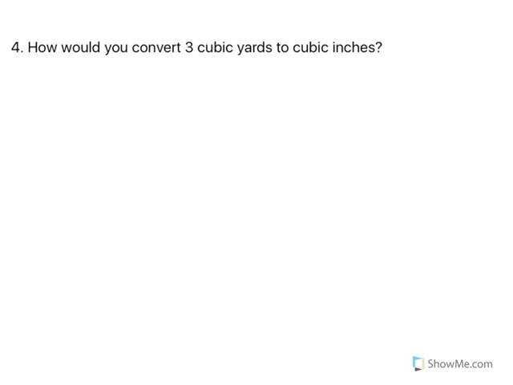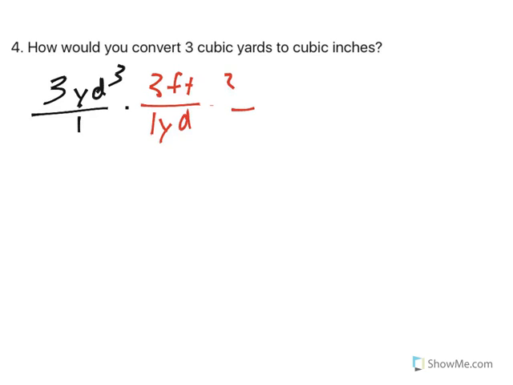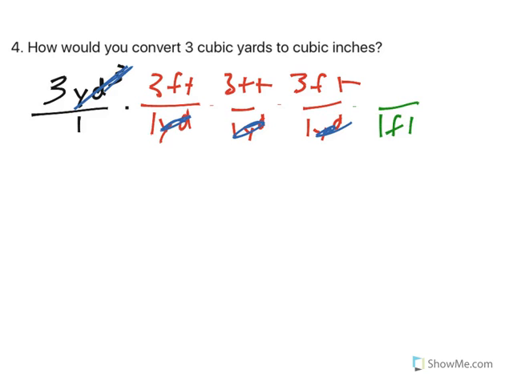All right, number 4. How would we convert 3 cubic yards to cubic inches? Well, if you have cubic yards, you're first going to go yards to feet, and you're going to do it 3 times, right? Because it's all about the cubic. So 1 yard, 2 yard, 3 yard gone. But you want inches, so 1 foot is 12 inches, and again we're going to do that 3 times.